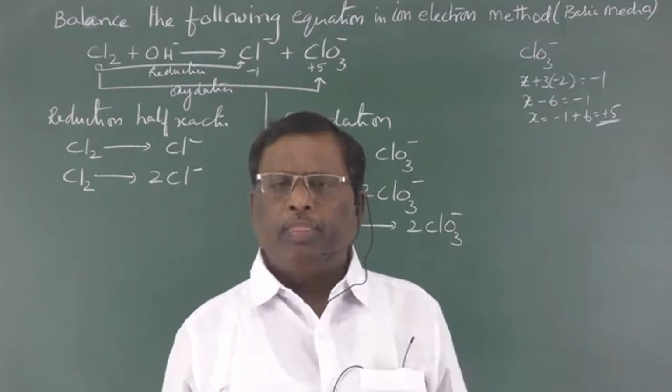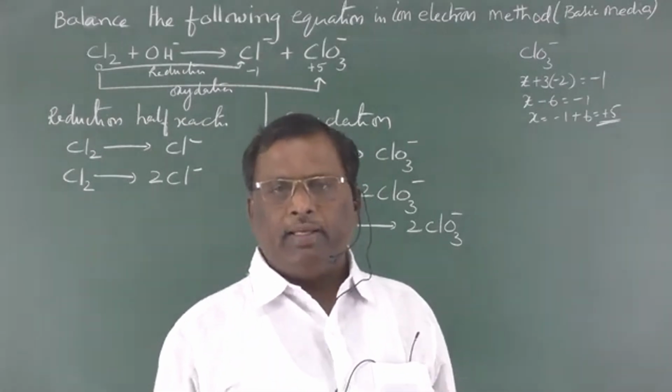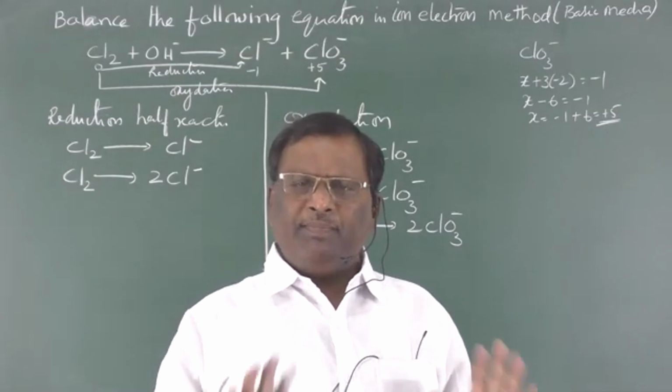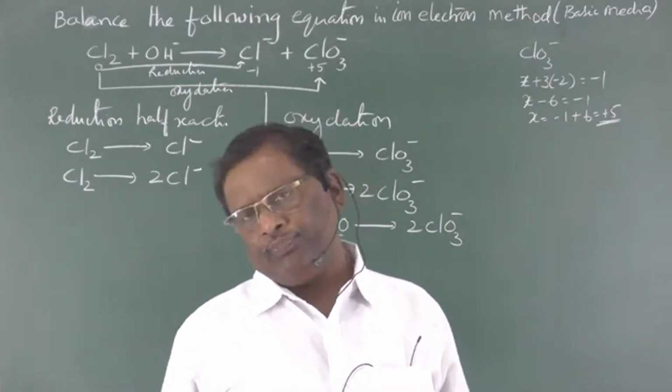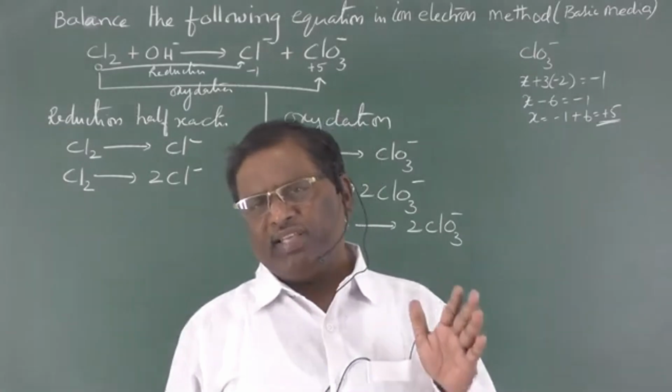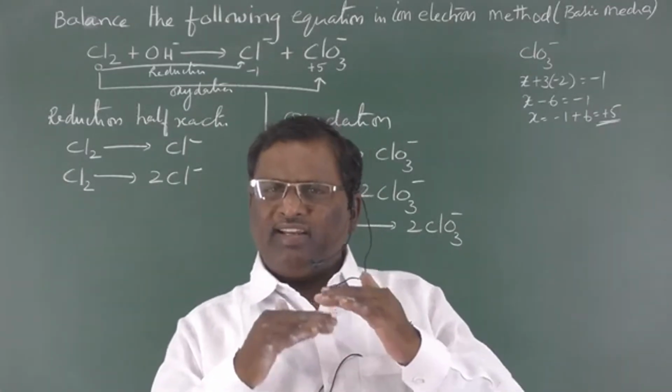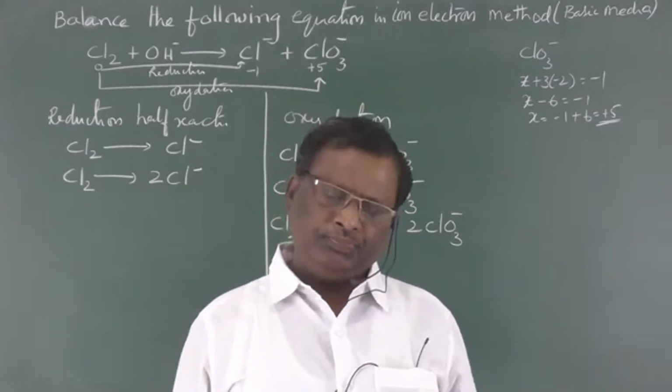But remember, in acidic media, hydrogens are balanced simply by adding H plus ions to the deficient side. But in the case of basic media, it can be done in 2 or 3 steps.